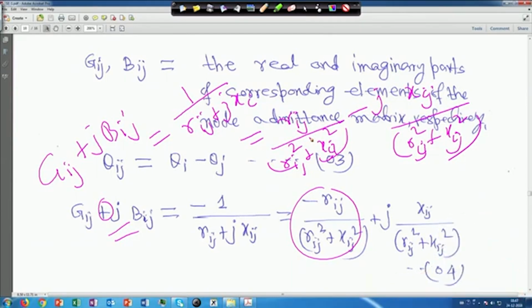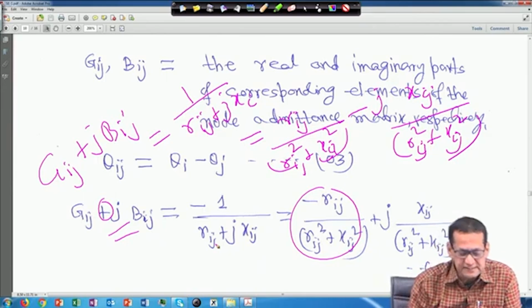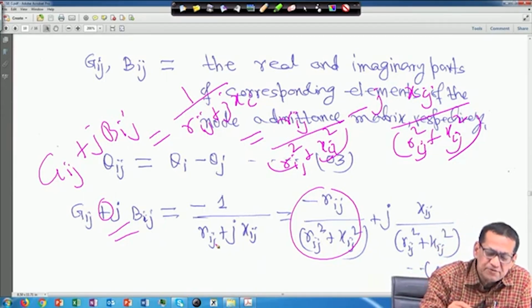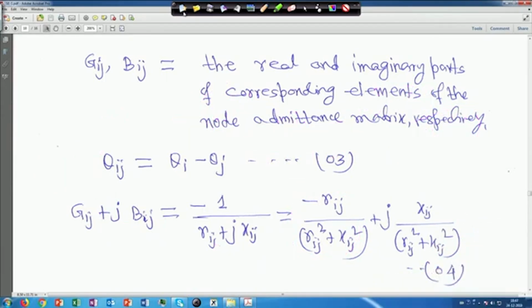Suppose, for simplicity, we neglect r, because in a transmission line r is very small compared to x. So let us neglect r. If you neglect r, then g should not be there.